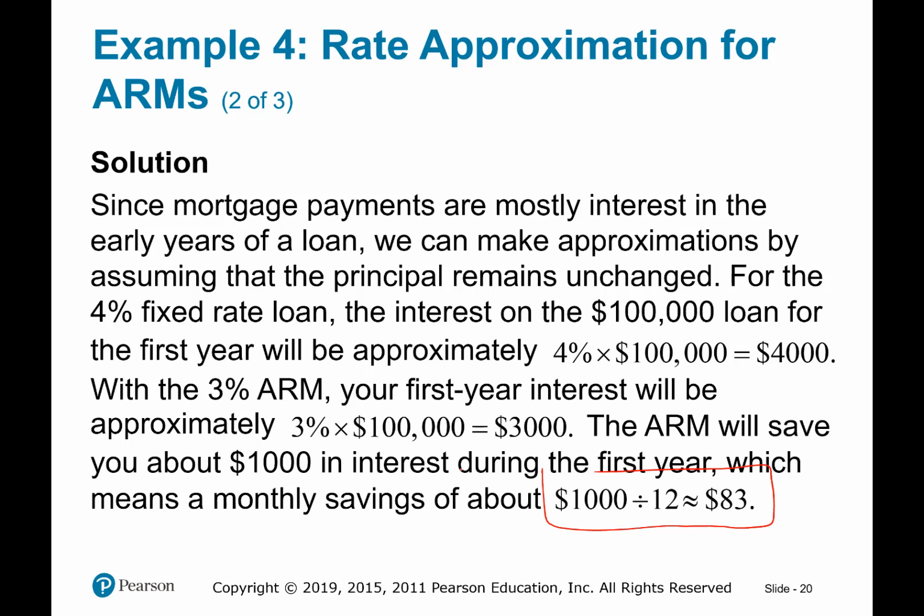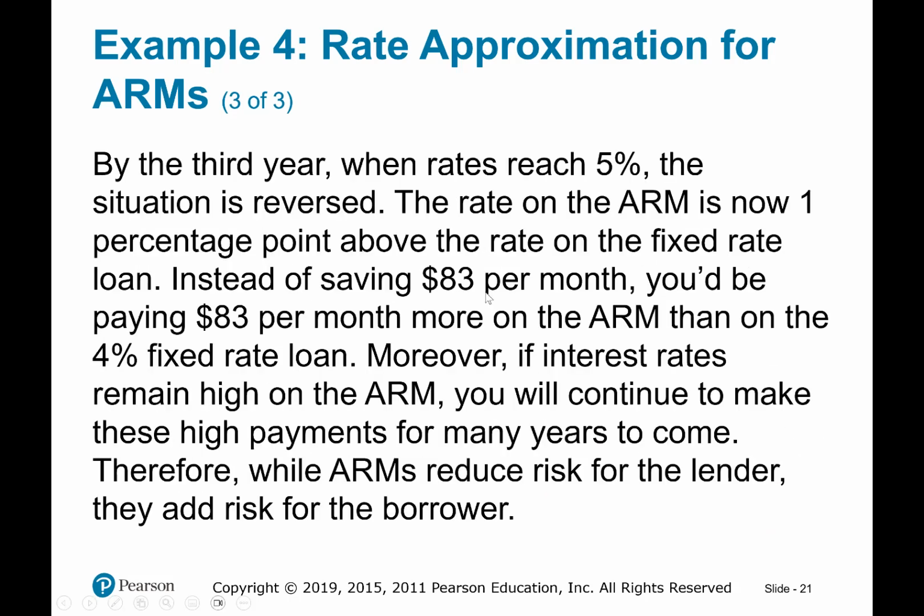But let's look at this a little closer. Well, what happens with the rate? The rate is going to go up to 5% by the third year, which means it's going up approximately 1 percentage point a year. So if it's 3% the first year, it's going to be 4% the second year, and that means the third year it's going to be 5%.